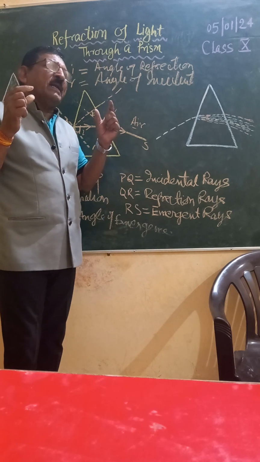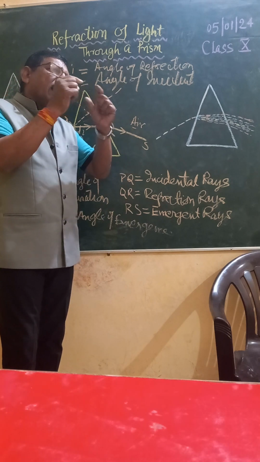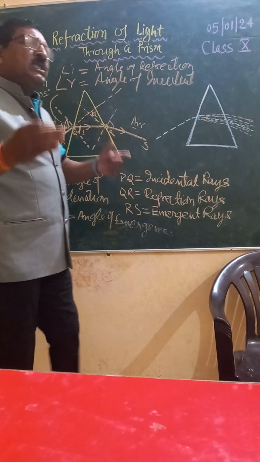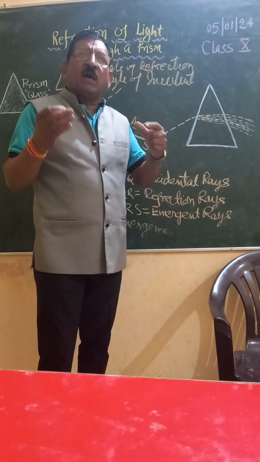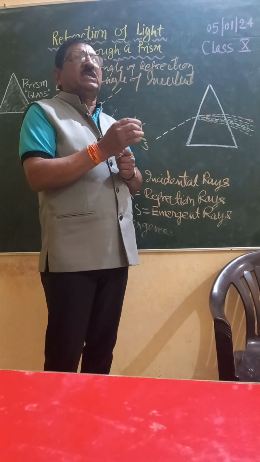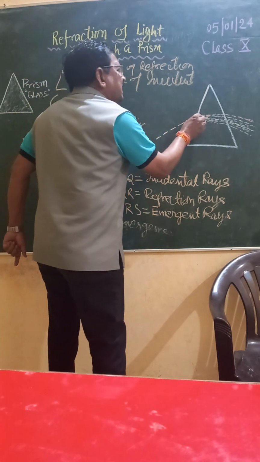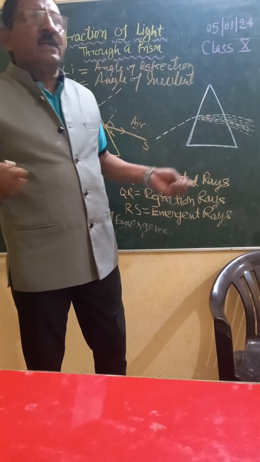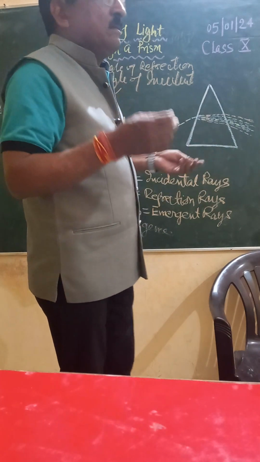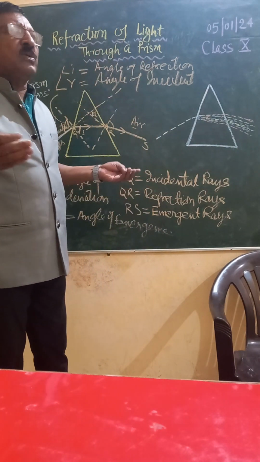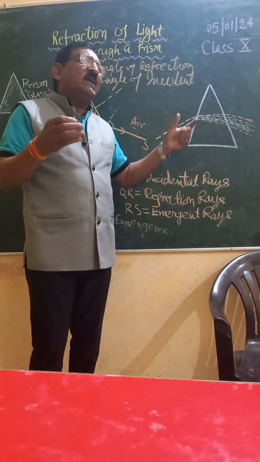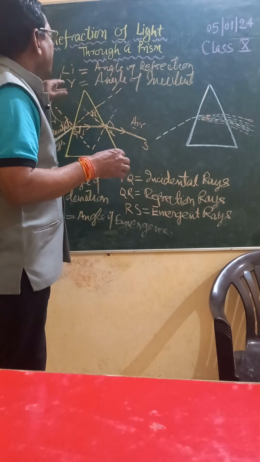Actually, the white light which is allowed to fall from here is made of all the colors, which normally we cannot see with the naked eye, and when it emerges through glass, you are able to notice different colors: indigo, violet, red, green, yellow, and all those colors. So that is the practical aspect of a prism.